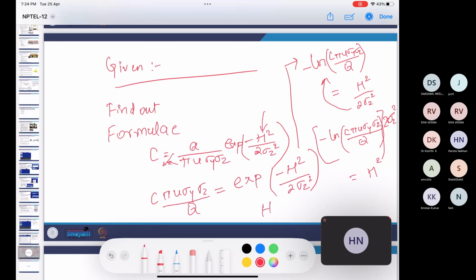So finally, to find the value of h, we have h equals minus of ln of C pi u sigma y sigma z divided by Q, multiplied by 2 sigma z square, and the whole raised to the power 1 by 2. So this is how you find out the values of certain terms in your questions.